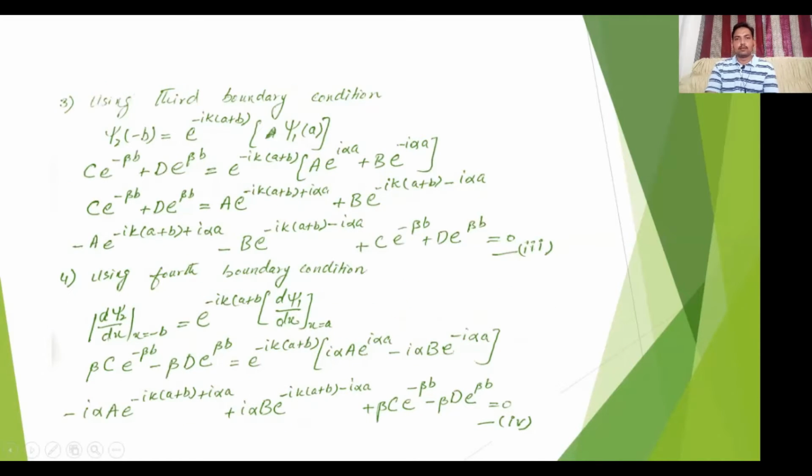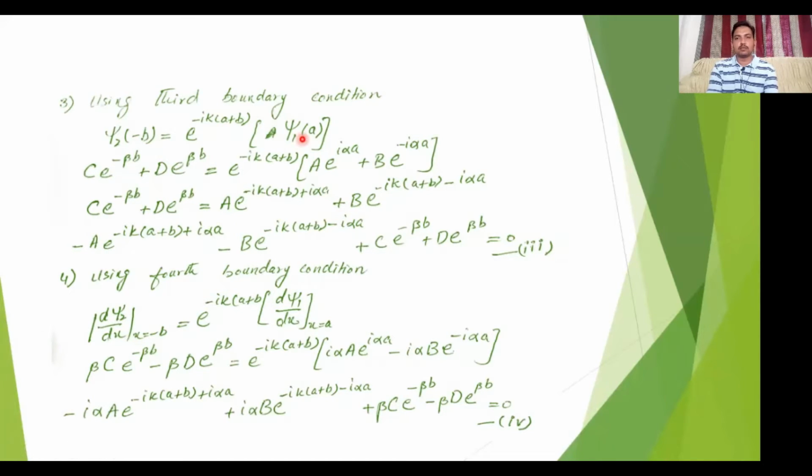Now we solve third boundary condition. Psi 2 of minus b is equal to exponential minus iota k a plus b psi 1 of a. Okay, so this is your boundary condition. So put the value of psi 2 of minus b over there and put the value of psi 1 at a. So use psi 2 and put x is equal to minus b.